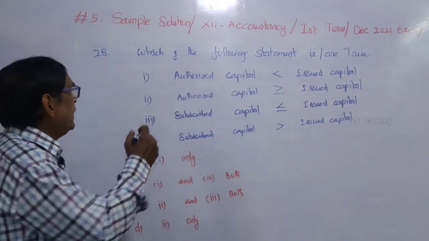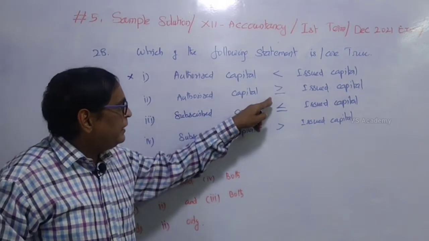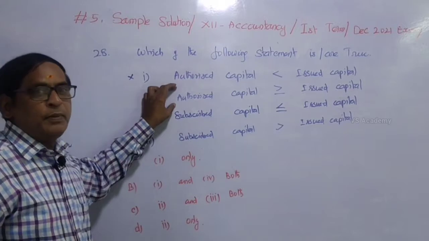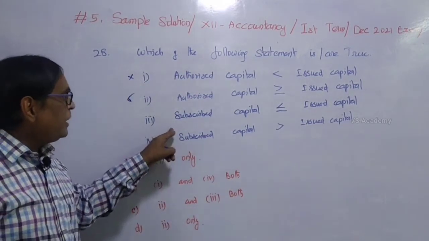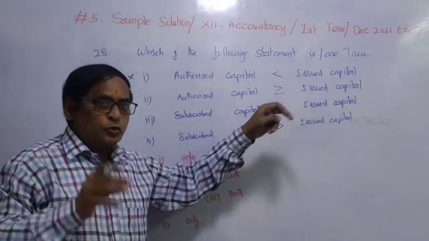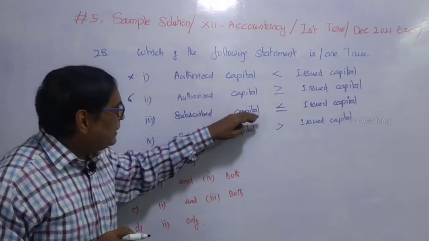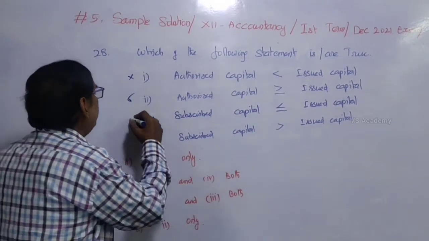So it is not a correct answer. And then authorized capital greater than issued capital. Yes, a portion of authorized capital may be issued to the public. So it's correct. And then subscribed capital: out of issued capital, a certain portion will be subscribed by the public. So subscribed capital less than or equal to issued capital, that is also correct.